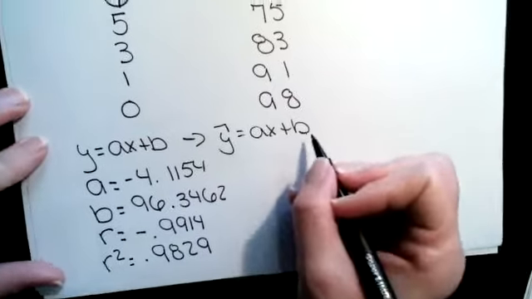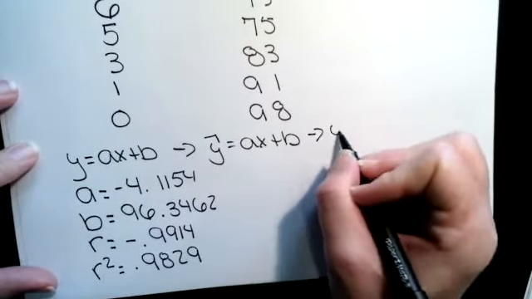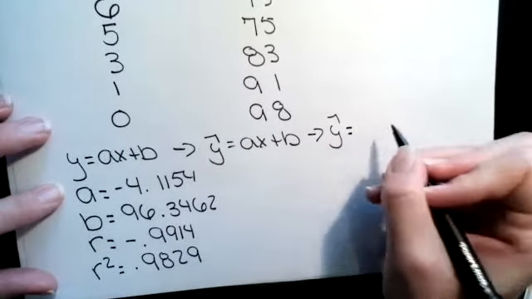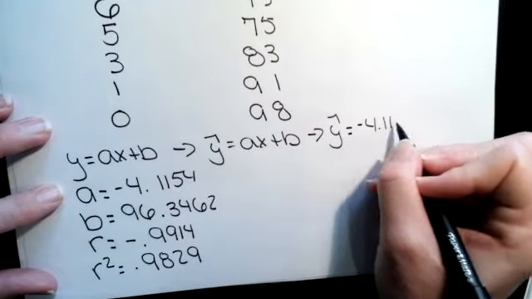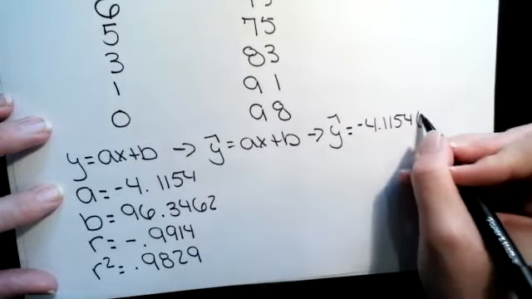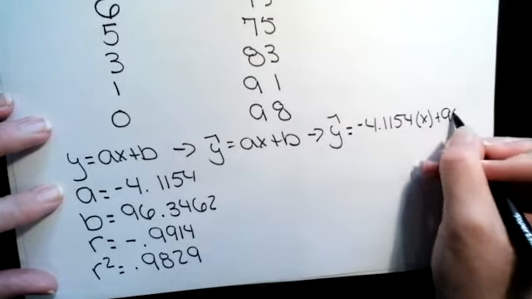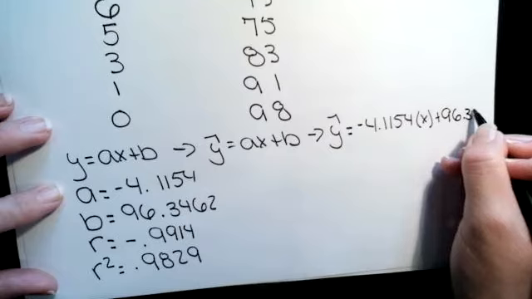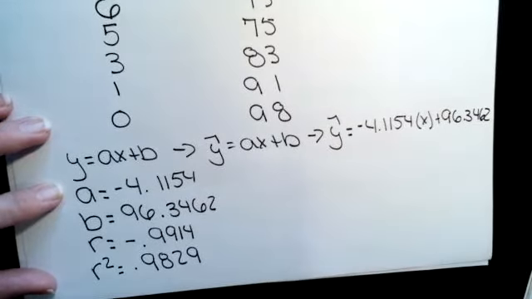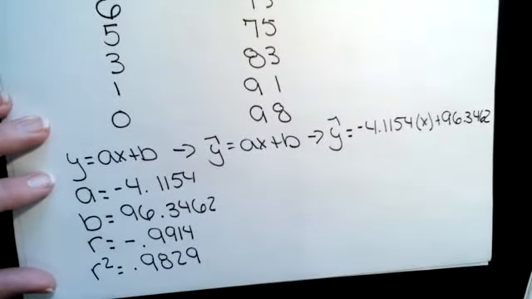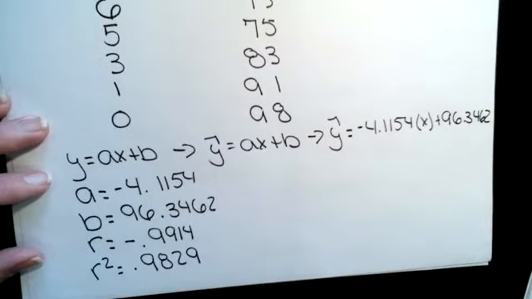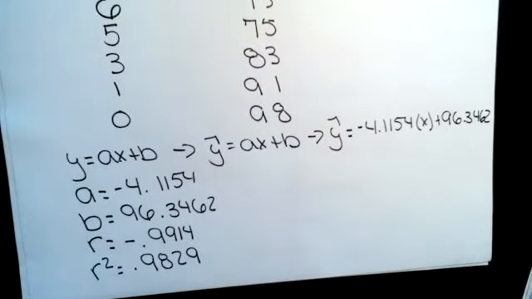So here, now I can write the equation of my line, which is y hat equals negative 4.1154 times x plus 96.3462. And so there's my equation of my line.